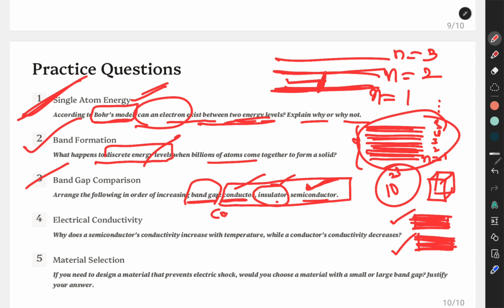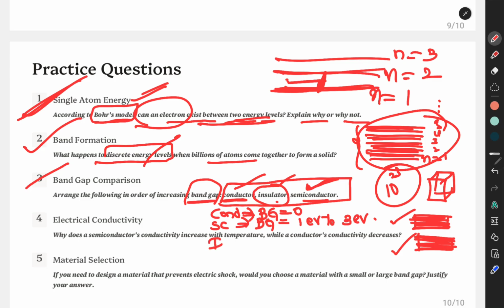let us arrange. For conductors, what will be the band gap? Band gap is 0. For semiconductors, the band gap can be between 1 electron volt and 3 electron volts, approximately.